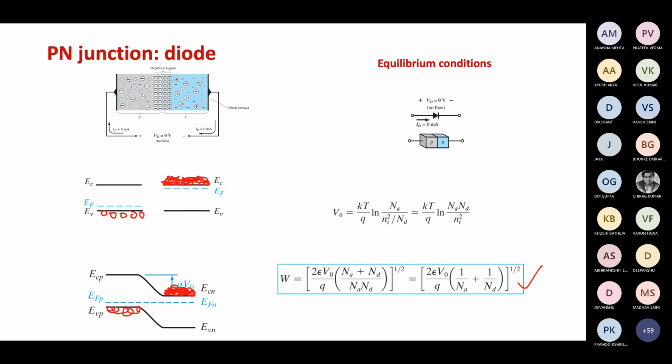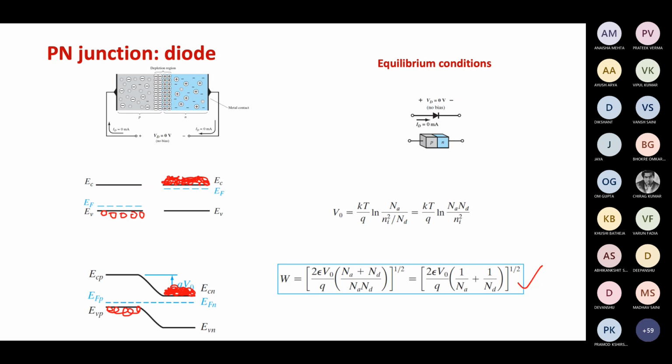So you don't need to worry about these two expressions. Don't worry that they will be asked in the exams, but qualitatively it should be clear that Na is the doping on the p side, Nd is the doping on the n side. Nd means donor doping and Na means acceptor doping.